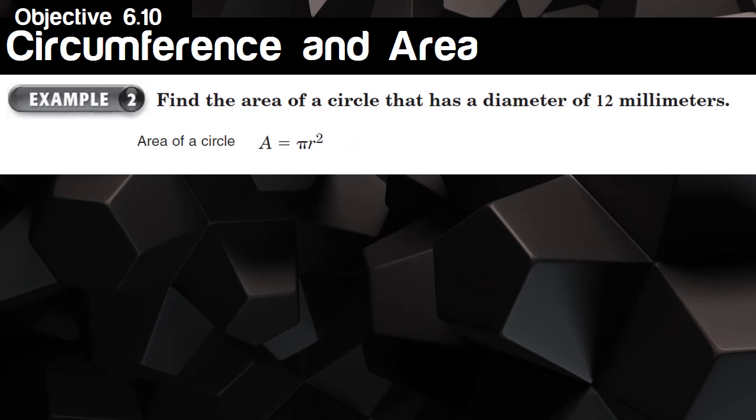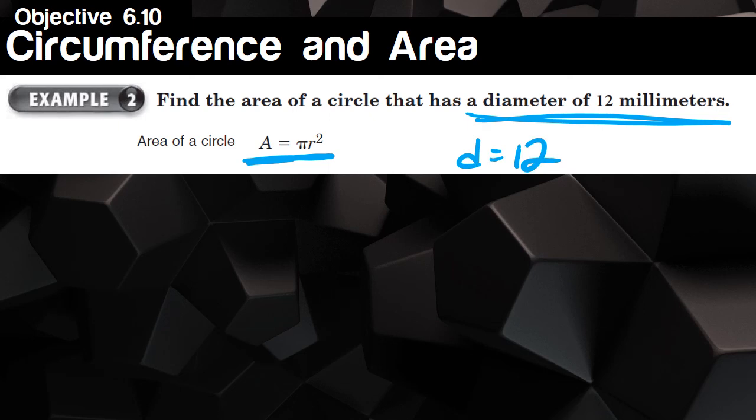Now example number 2: find the area if the diameter is 12 millimeters. Let's take a pause. Right now we don't have an area equation using diameter. So we're given a diameter equal to 12 millimeters, which means our radius is half of 12, so 6 millimeters.